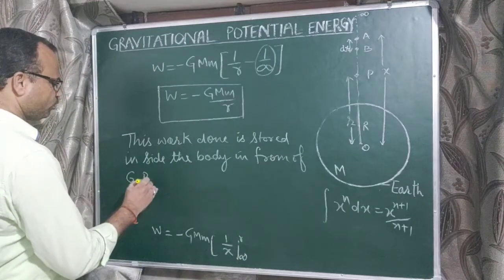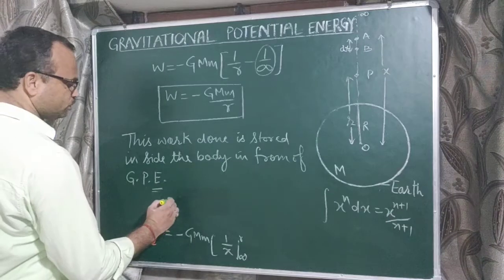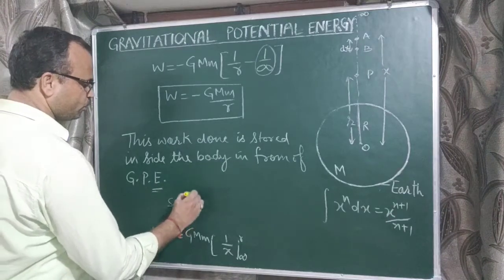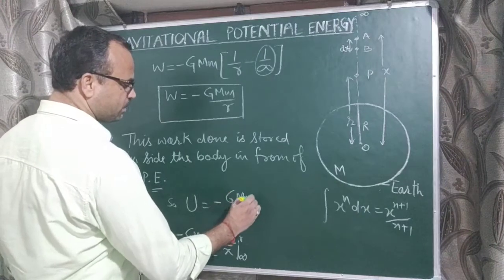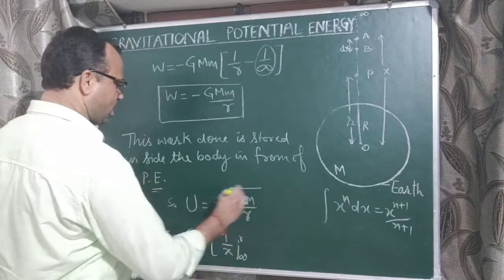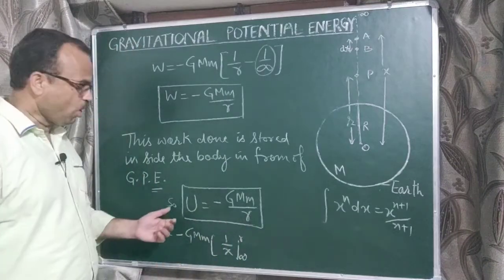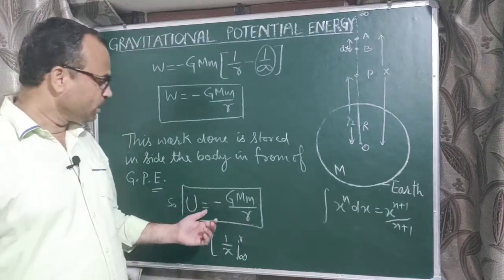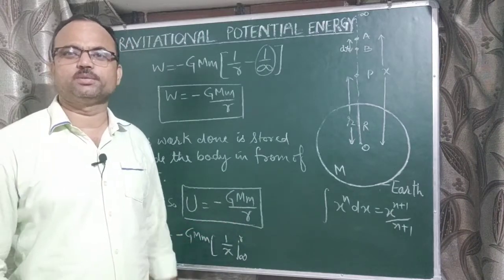So U equal to minus GMm upon r. Thus the gravitational potential energy of a body is given by U equal to minus GMm upon r.